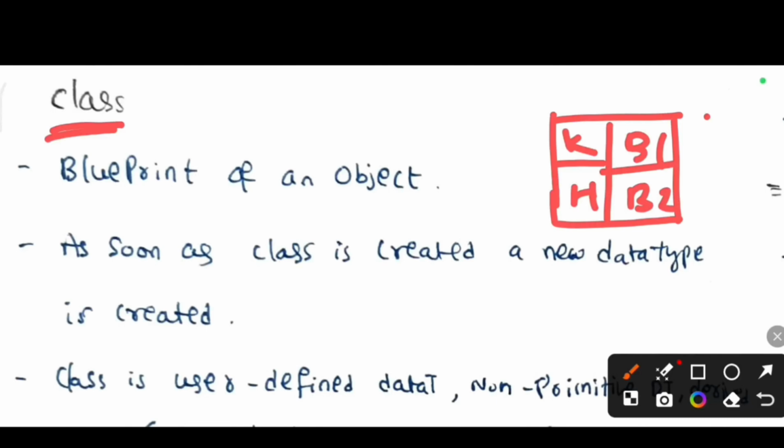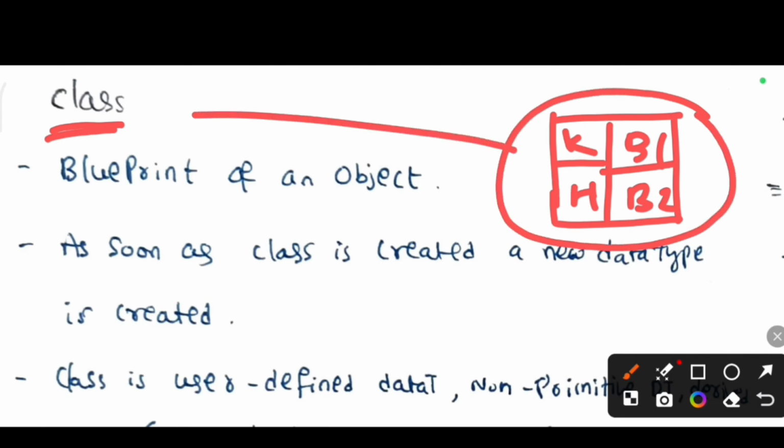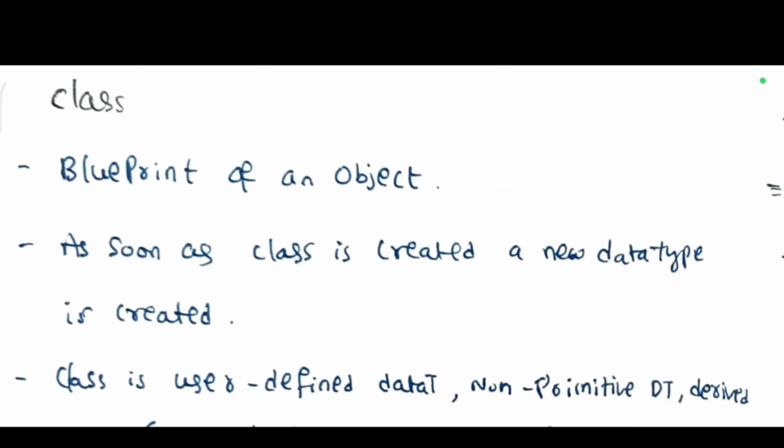Now this blueprint, in Java, is nothing but the class. And the actual home that you are going to build, the real home you are going to construct, that is the object. The blueprint is the class, the real home is the object.